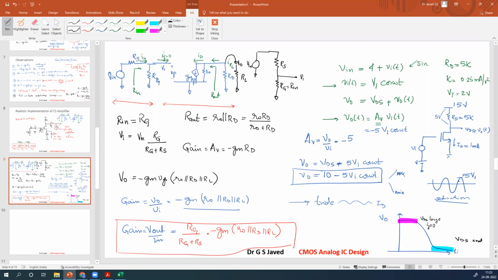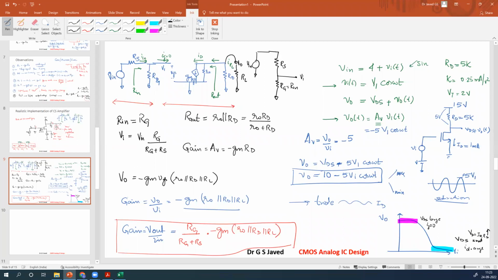Whatever is there at the supply will go to the output. When ID is small, VDS is going to be large. When ID is large, VD, which is the IDRD, becomes more.